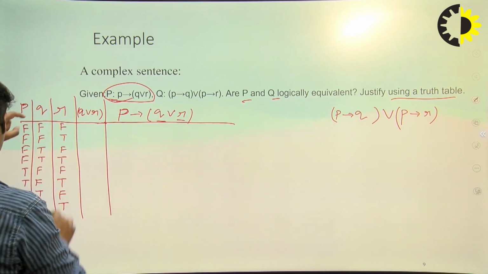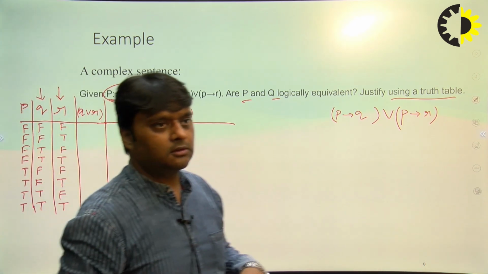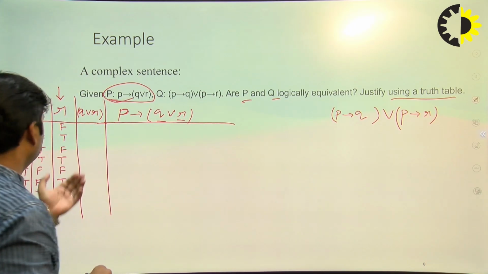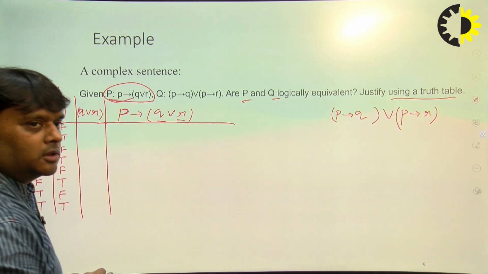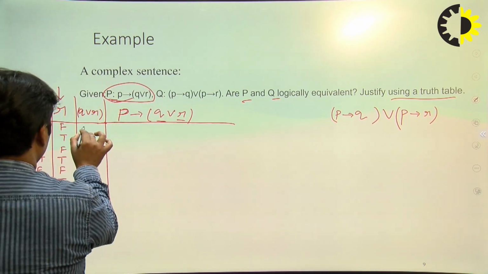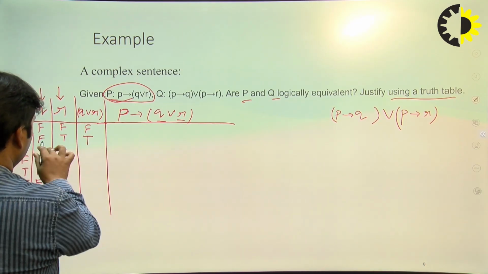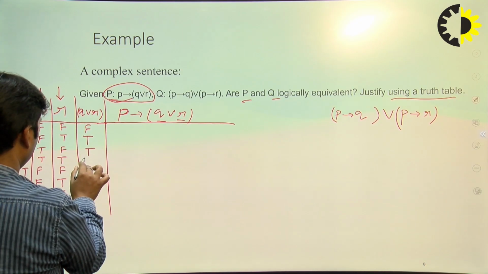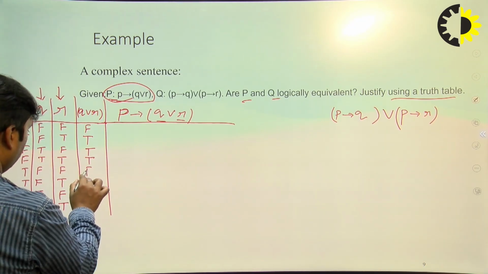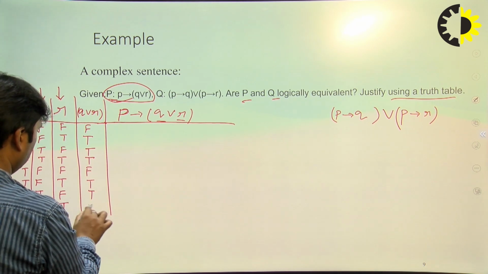In OR, when any one element is true, then the output will be true. If both elements are true, then the output will be true. Here both elements are false, so the result is false. One of them is true, true. Both elements are true, then the result is true.